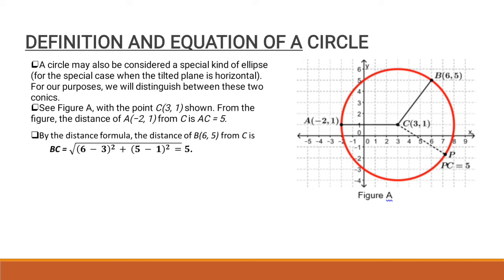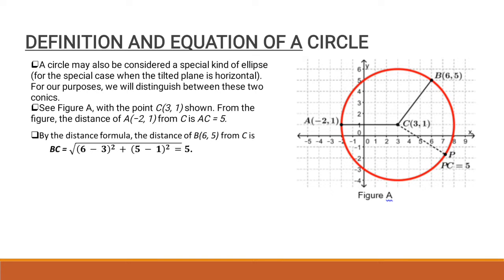The distance from point A to C is 5. For point B to C, we will use the distance formula because it is a slant line. The distance formula is given by the square root of (x sub 2 minus x sub 1) quantity squared plus (y sub 2 minus y sub 1) quantity squared.